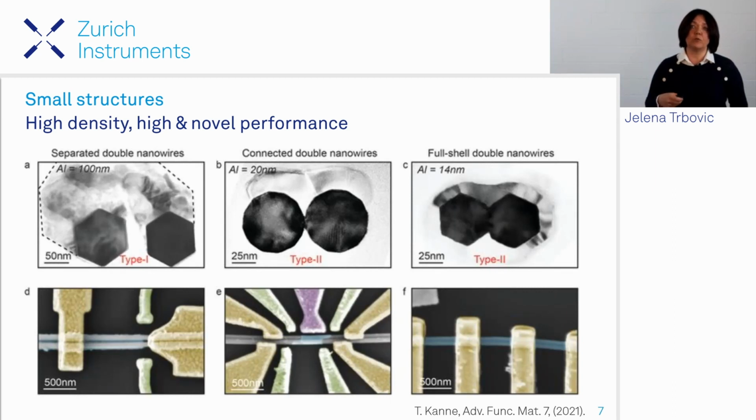Of course, when we move to more novel devices, when we combine different materials and different nanowires here, for example, we see that in order to understand how they function, we can basically look at these 3 types and characterize each of these interfaces, which are set up differently.